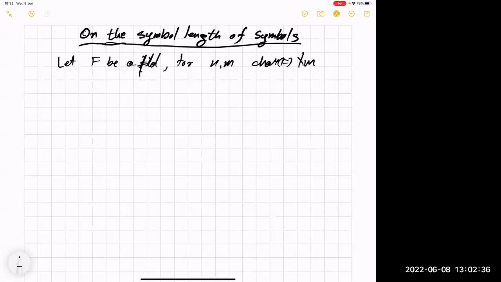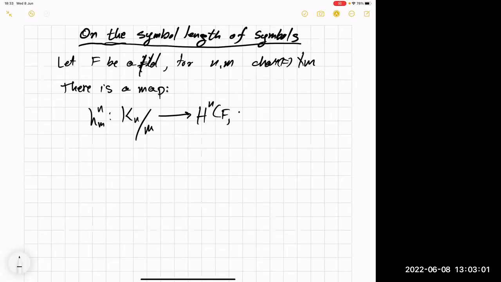So there is a map, H, I guess the n is upstairs, and this will be here. It starts from the Milnor K group, modulo m, all the way to the Galois cohomology, H^n(F, mu_m tensor n).